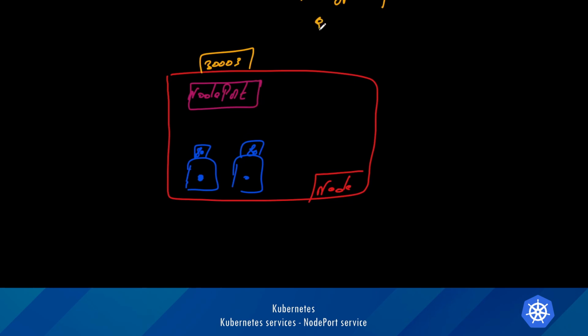Now, any incoming requests from external users on this port will be received by the NodePort service, and then it will be forwarded from the port of the NodePort service to one of these 2 pods. This will happen only if we set correctly the labels and the selectors.